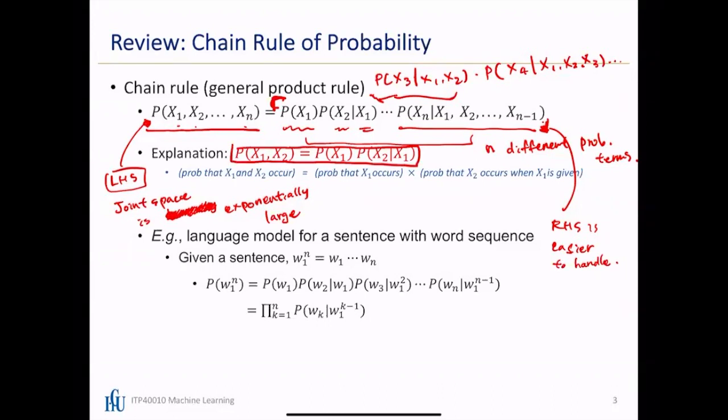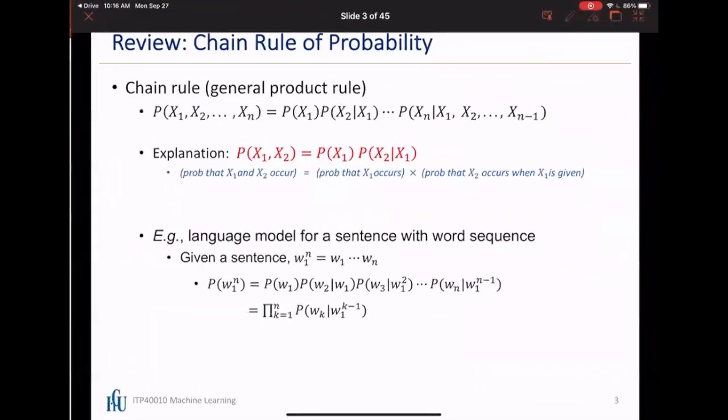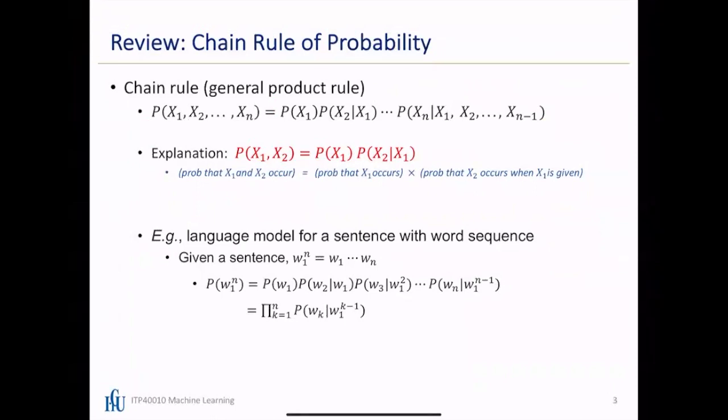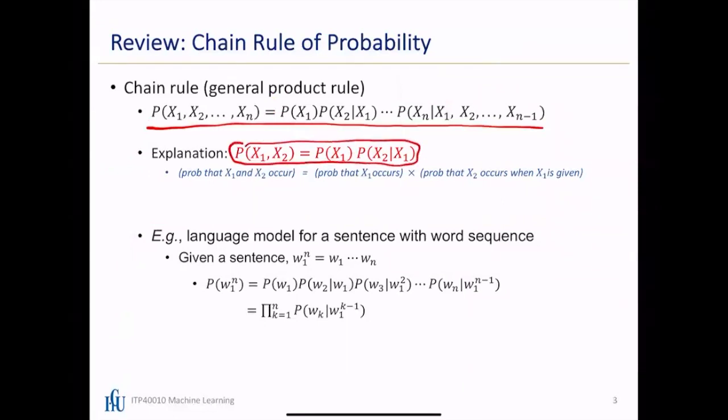The expansion was sort of long, but the key principle is given here. If you have a joint space of two different variables, you can pick any of them, write its probability, and condition the next one on it.